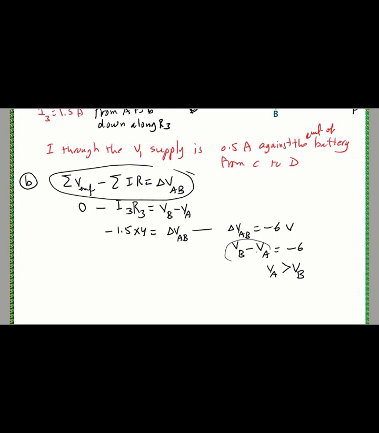You analyze from the beginning to the end. The end is B. So go from A to B, and put the potential difference VBA, which is VB minus VA. I think it's clear.